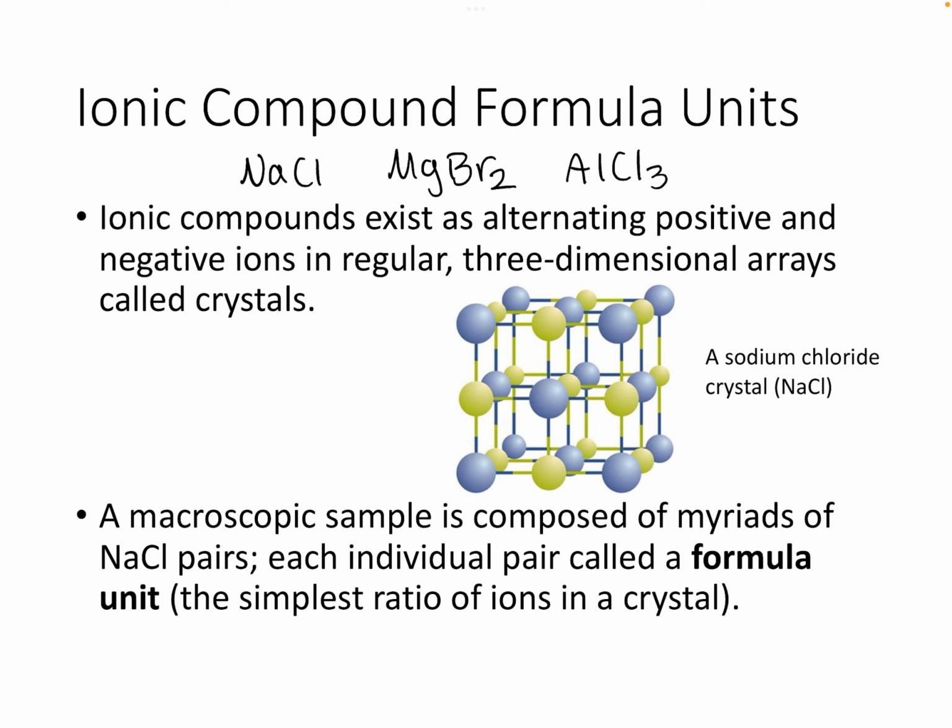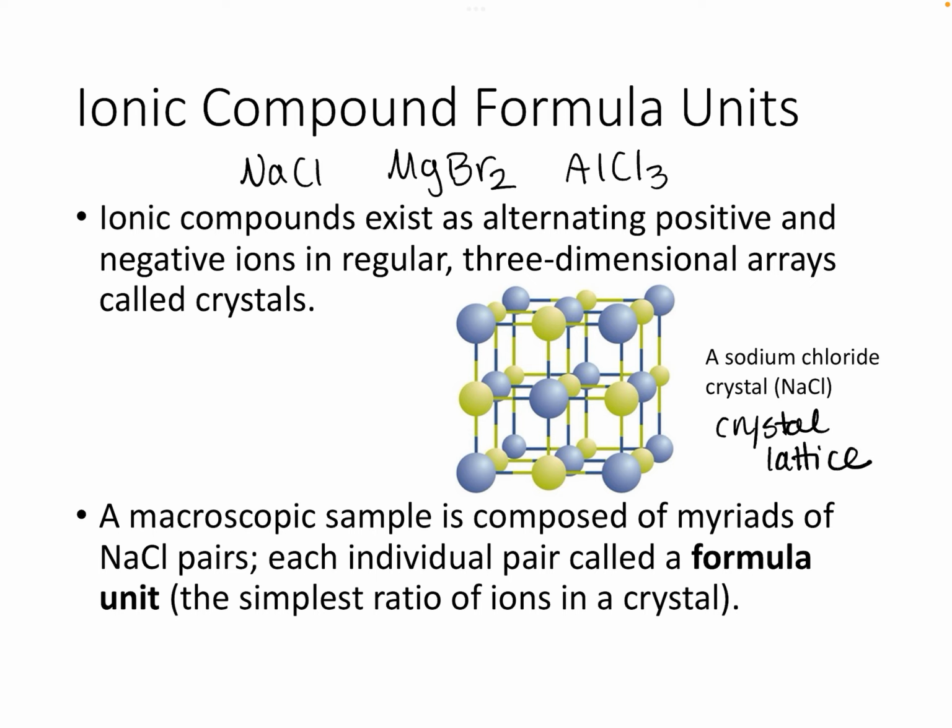However, ionic compounds exist as alternating positive and negative ions in regular three-dimensional arrays. These are called crystals, and in particular, we would call this arrangement of ions a crystal lattice.